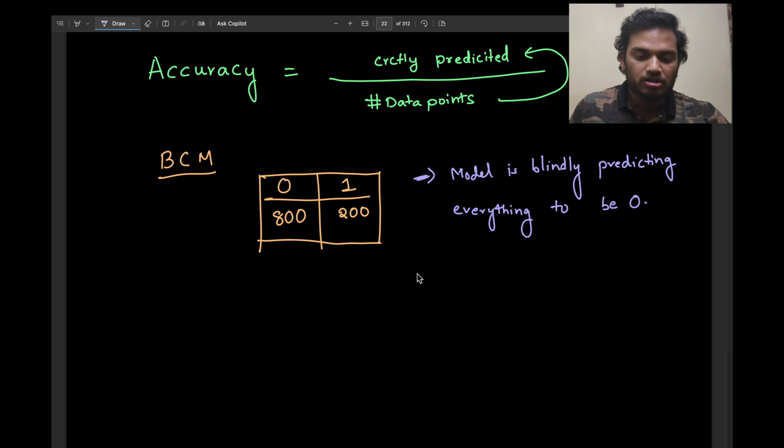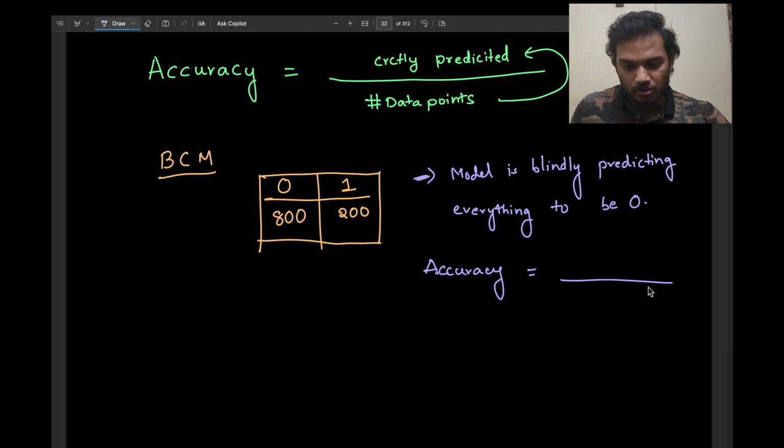What does that mean? What will be my accuracy then? The total number of data points will be 800 plus 200, that is 1000. Among this 1000, as it is predicting everything to be 0, how many will be correct? For all the zeros, it will give the correct result. For the ones, it will give the wrong output.